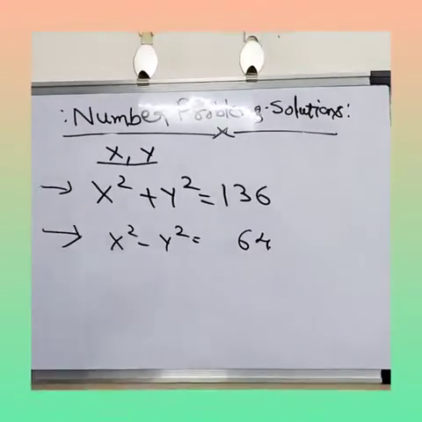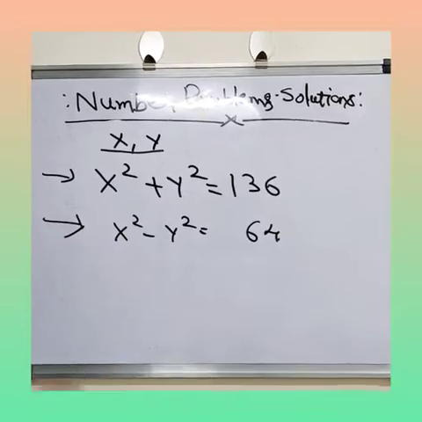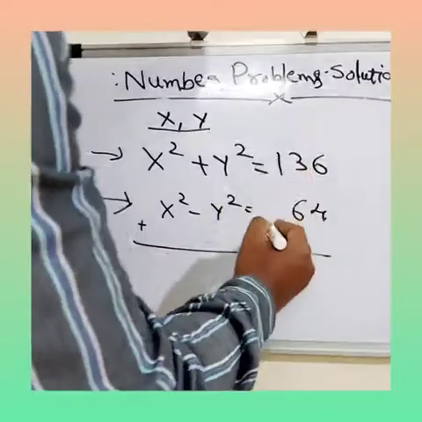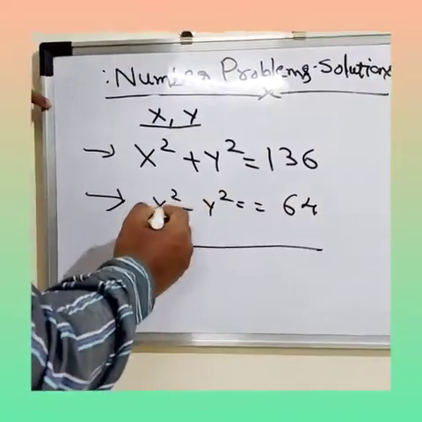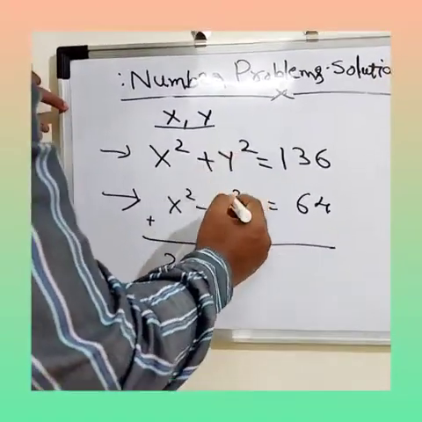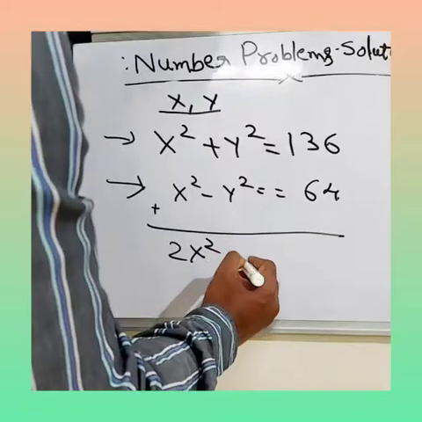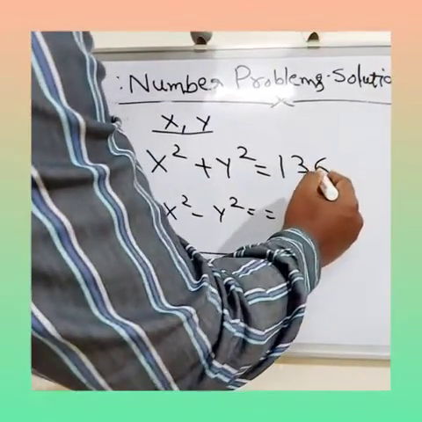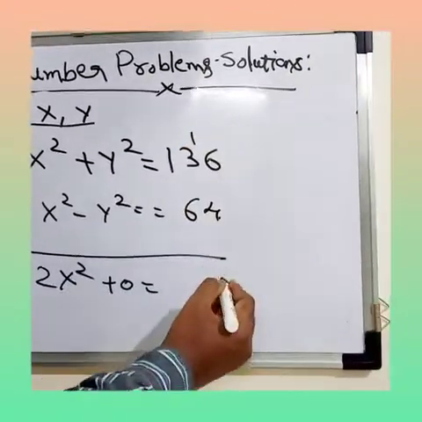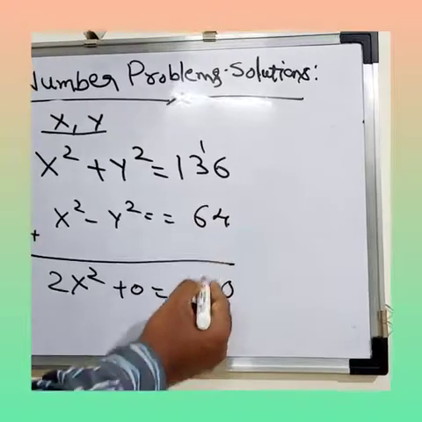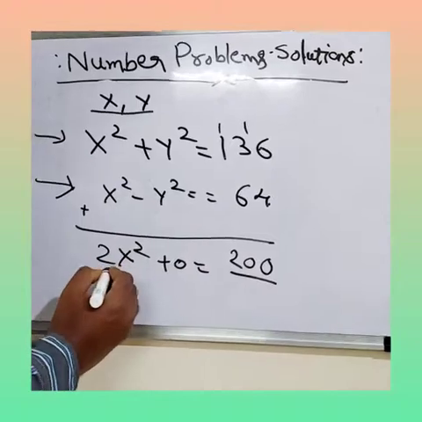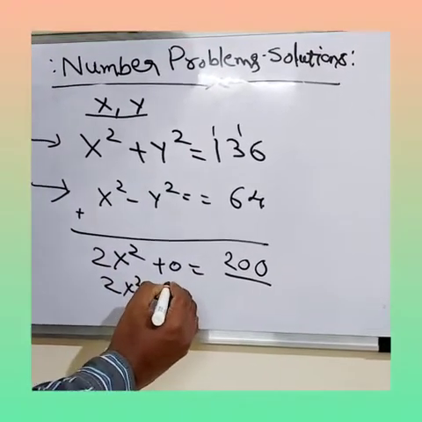So you can find the values very easily. Just add these two. So x square plus x square is 2x square, and y square minus y square is 0, equal to 136 plus 64, which is 200. So 2x square is equal to 200.